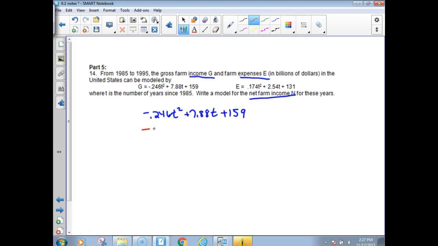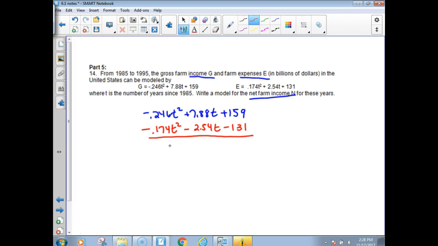So that's going to be negative 0.174 t squared minus 2.54 t minus 131. Okay, everybody understand why I changed all the signs? I went ahead and did it instead of writing it and then doing it. Does that make sense? I'd have to put a parenthesis around it. So I just lined them up, and I'm ready to go now by addition.